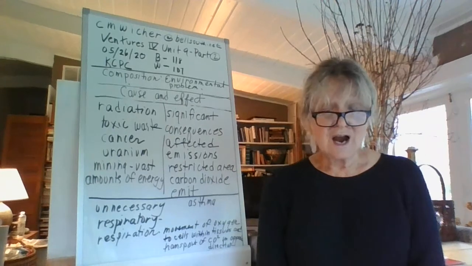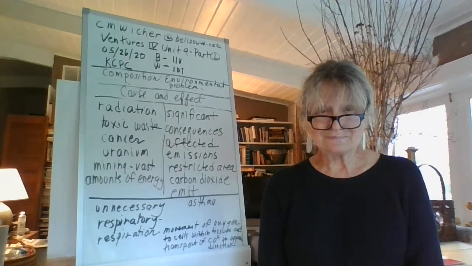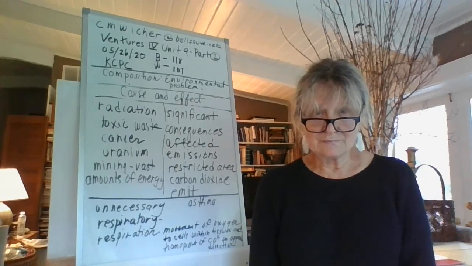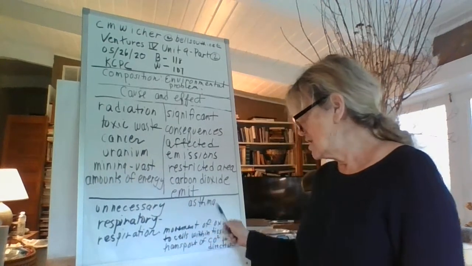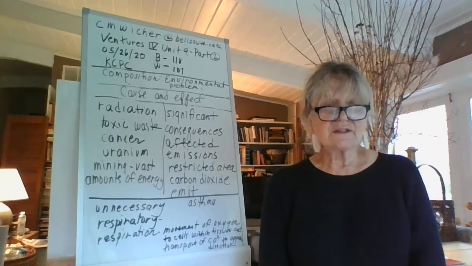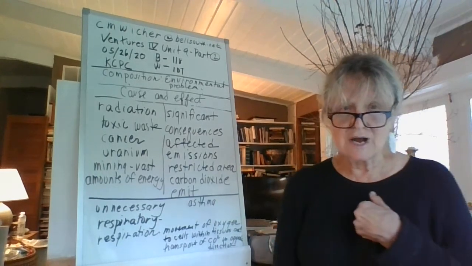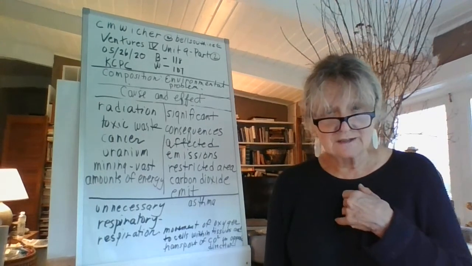Next one, carbon dioxide. Next, emit. And we've got cancer. Also in pollution, there is a word that is very frequently used with people who have respiratory problems. The word is asthma.